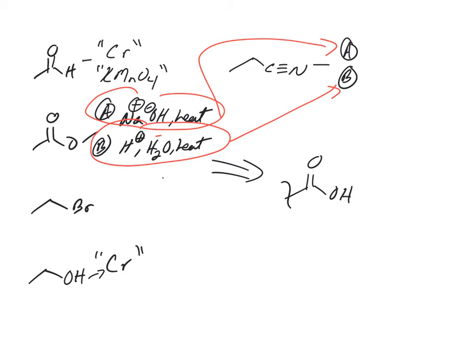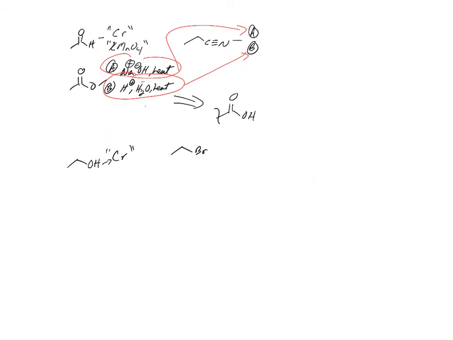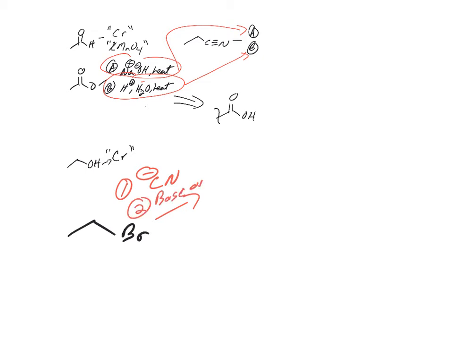Now the one I want to highlight is this one. There are 2 ways we can deal with this. One way we already know: one route is cyanide for step 1, and then step 2 could be base or acid, as above. Strong acid, strong base. This would do an SN2.